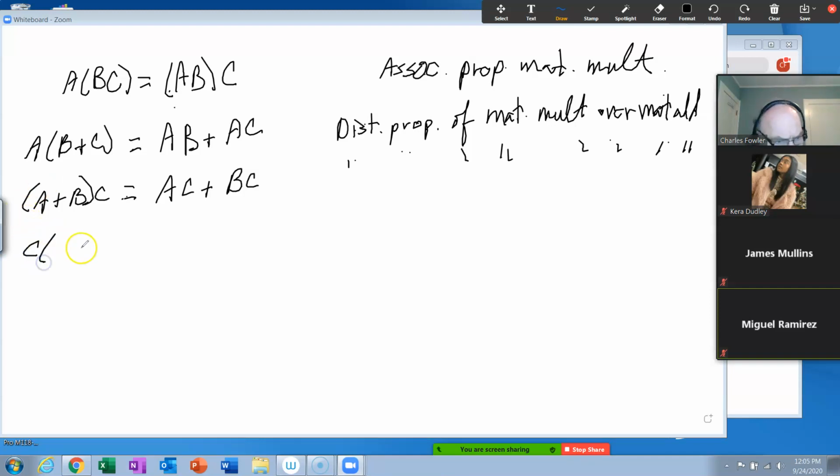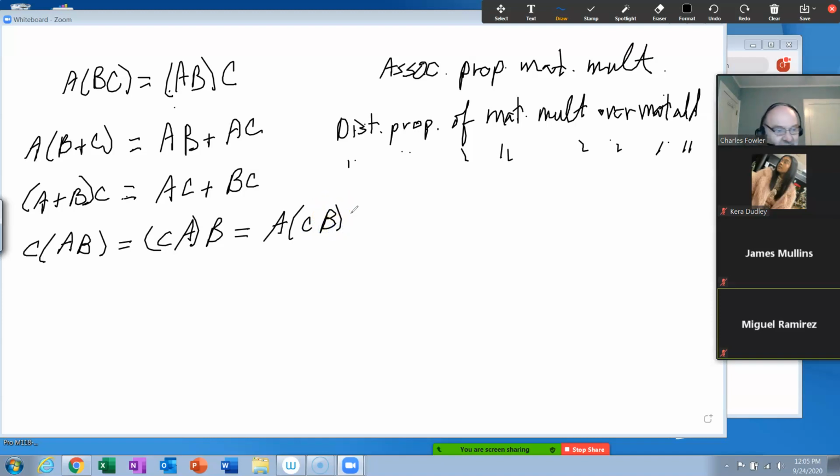C times AB is equal to CA times B, and it's also equal to A times CB.